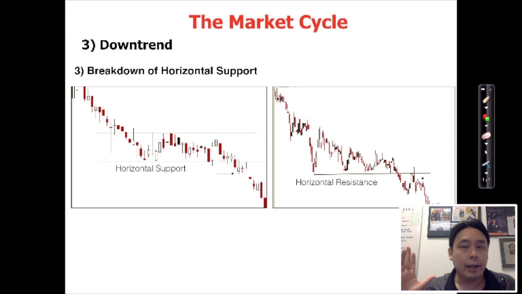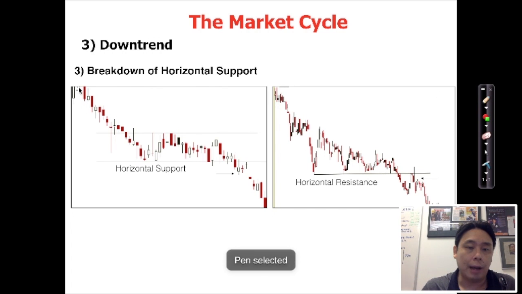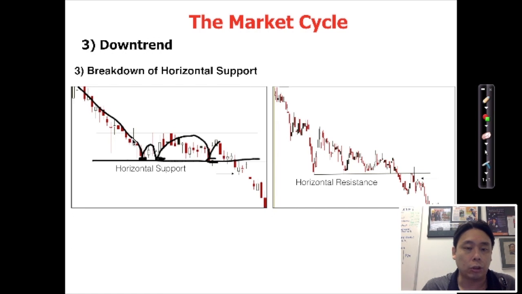Now on a downtrend, the price can make mini consolidations where price goes down, hits a support, test 1, test 2, test 3. Again, it has to test at least 3 times to confirm it's a strong support, and it's in this small little consolidation on an overall downtrend.